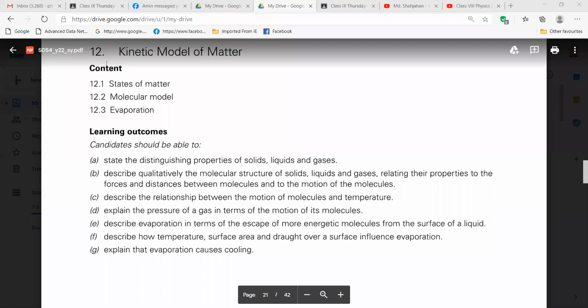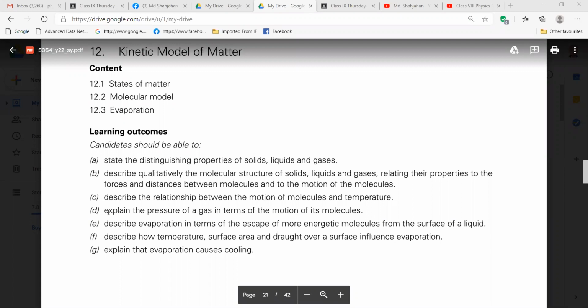This one I wanted to open. Just 1 minute. After 1 minute we will be done. Look, topic 12, kinetic model of matter. The first two learning outcomes, A and B. If you are writing these two tables, then your first two learning outcomes are done. Is it clear? Then E, F, G done, A, B done.